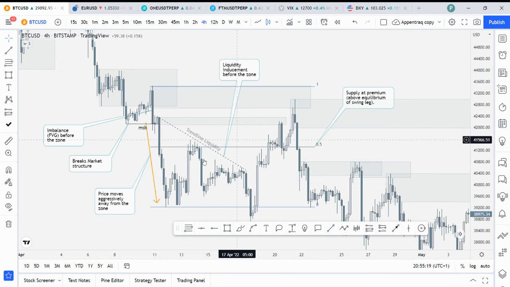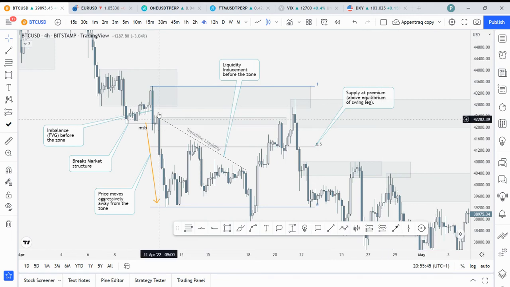So you want to make sure that your zone meets these criteria to stand a better chance of holding. If you don't want price to take out your stop loss, you want to check for these things. It doesn't have to have all of them; it depends on you.